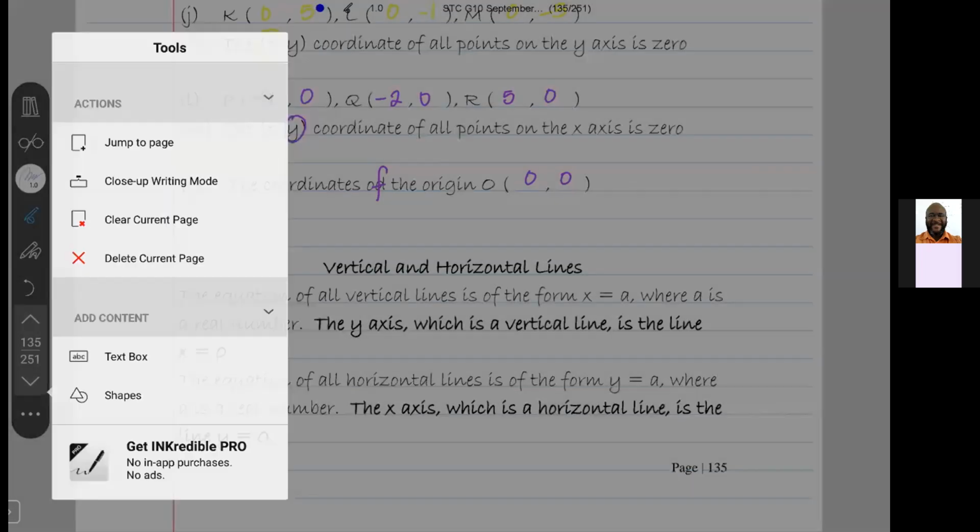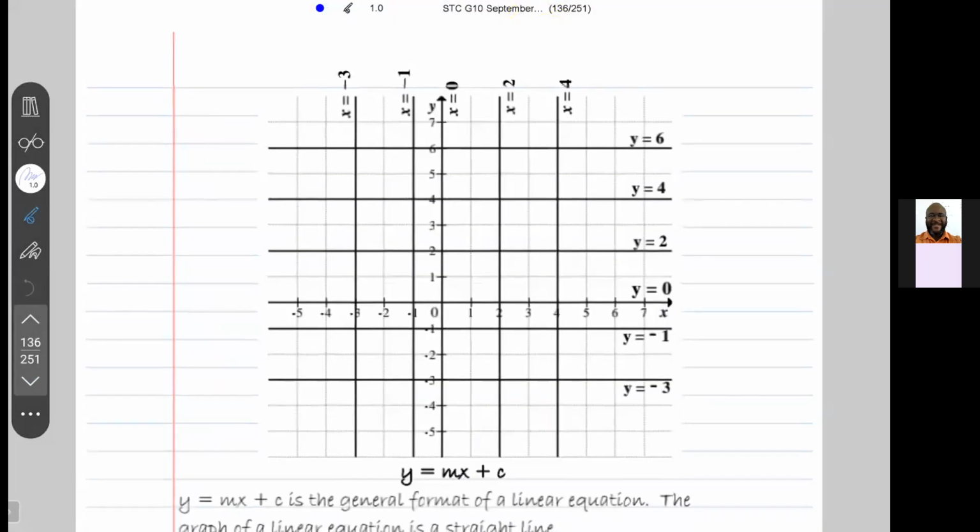So let's turn the page. So what are we saying? Guys, here, if I have a vertical line passing through 5 on the x-axis, the equation of that line is x is equal to 5.